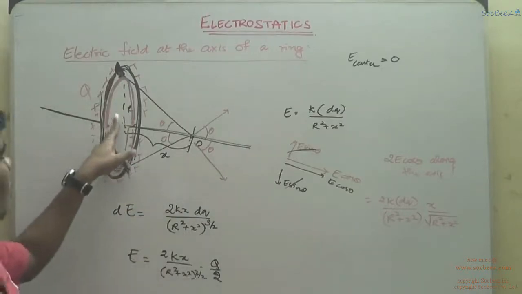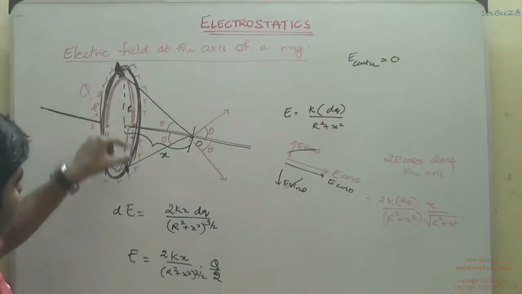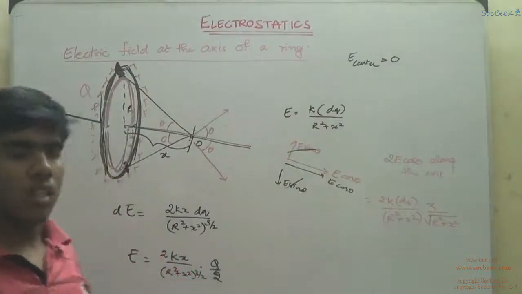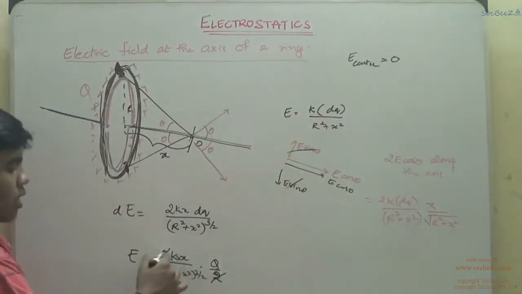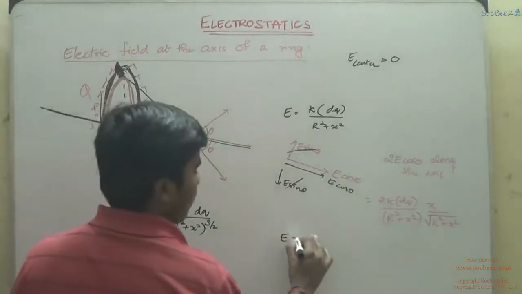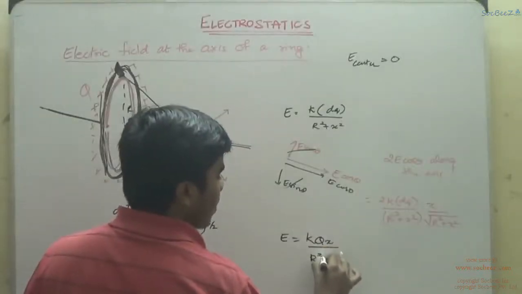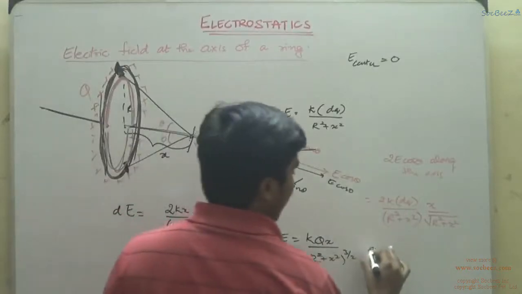I am integrating only from here to here. Whenever I consider a part, I also take the effect of the diametrically opposite point, and that is the reason I get 2E cos theta. Thus, here I take q by 2 instead of q. So the 2s cancel, and I get the electric field equal to kqx by r square plus x square power 3 by 2, and the direction is along the axis.